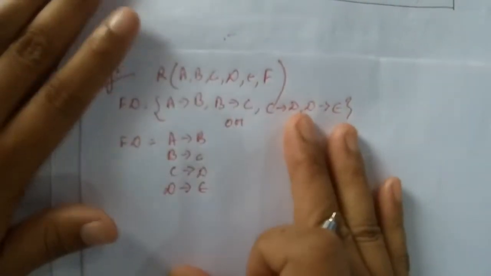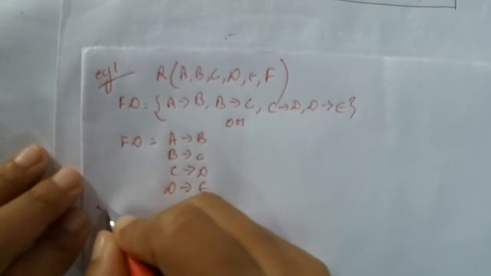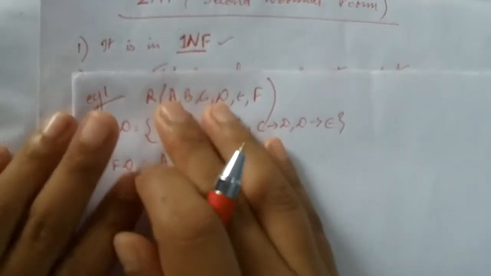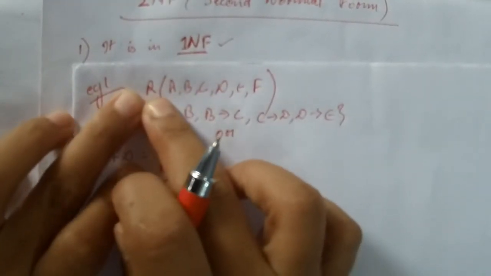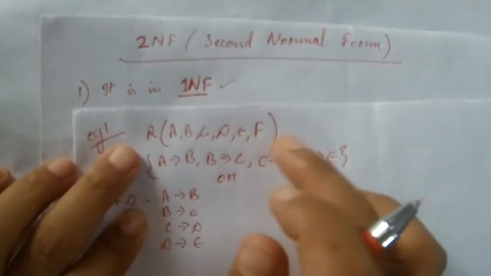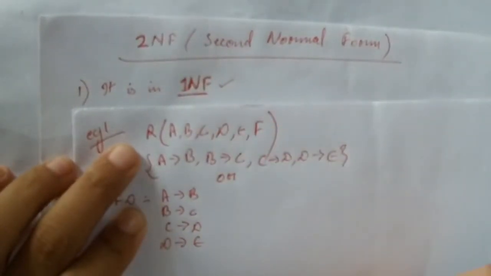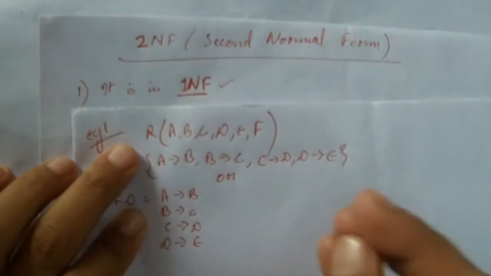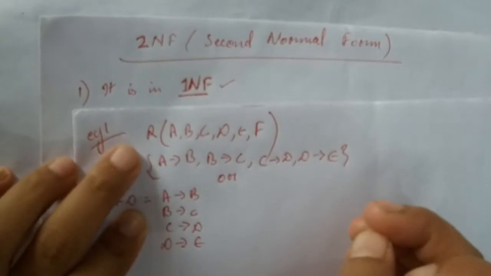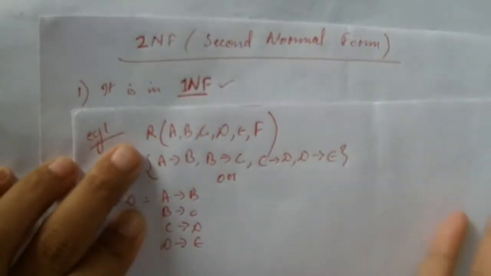So this is our question and we need to solve it in second normal form. Here you see this relation R. By default in this example it is already in first normal form. If this relation was not in first normal form, we would have to decompose it, or convert it, into first normal form.